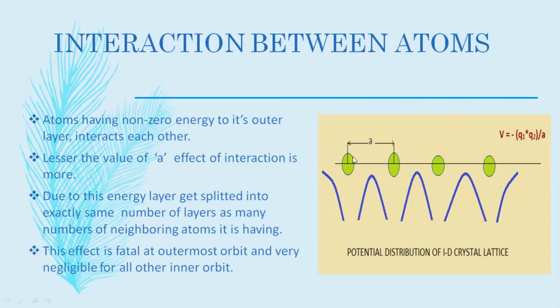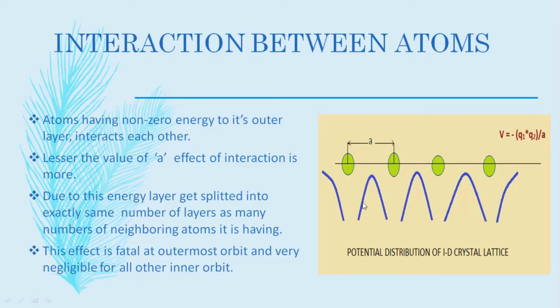Atoms in the crystal look like this, with a as the interatomic distance. As I said, at far-distance places from any atom the potential is 0, but the position exactly near an atom does not have 0 potential. It has some potential. So this blue one is the potential curve.